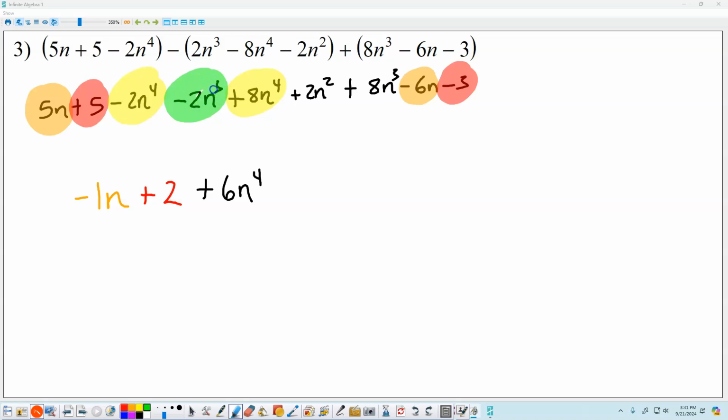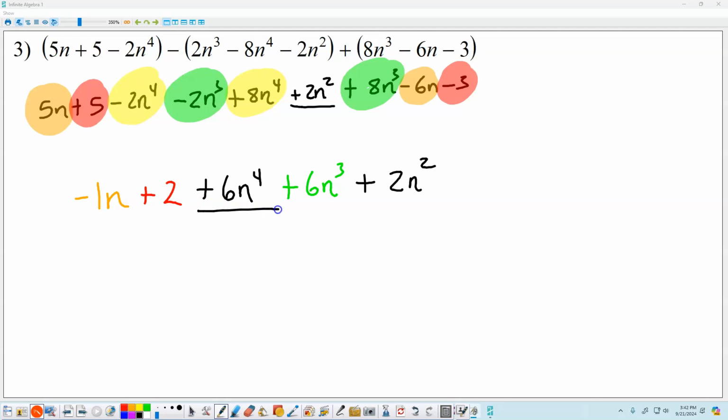Next, we have an n to the third power, which can be combined with this other n to the third power. Negative 2 plus 8 is 6n to the third. And then finally we have this 2n to the second power, which doesn't have any terms that it can combine with. There's no terms that are like it. Lastly, we'll want to put our polynomial in descending order.